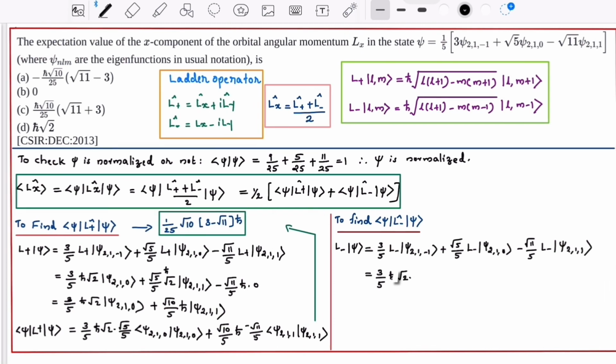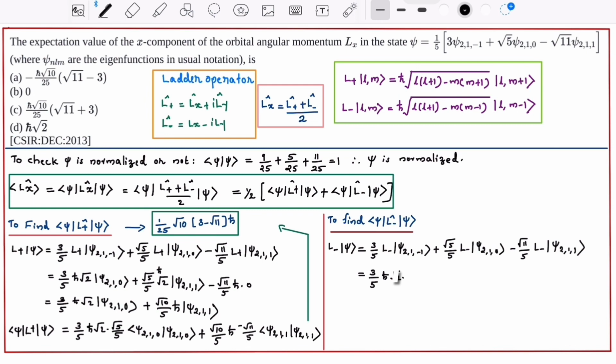The second term is root 5 by 5 L minus psi 210, which is root 5 by 5 h bar root 2 psi 21 minus 1, minus root 11 by 5 root 2 psi 210.